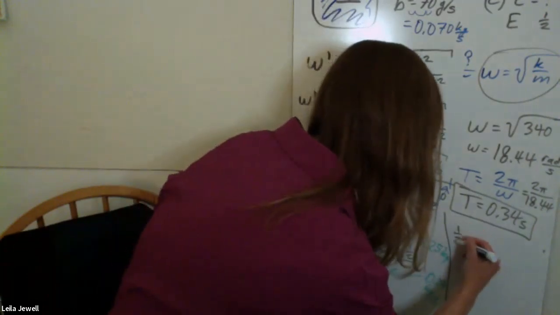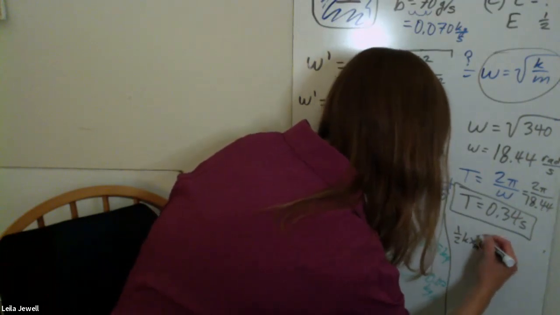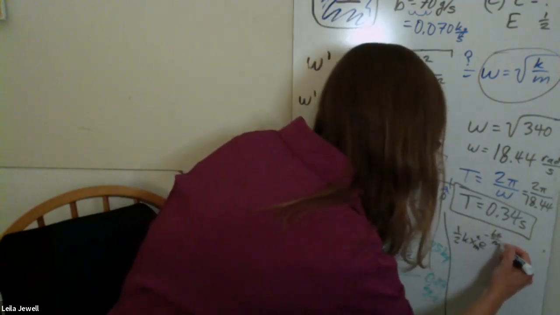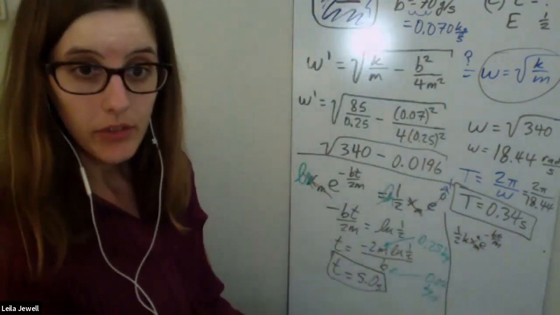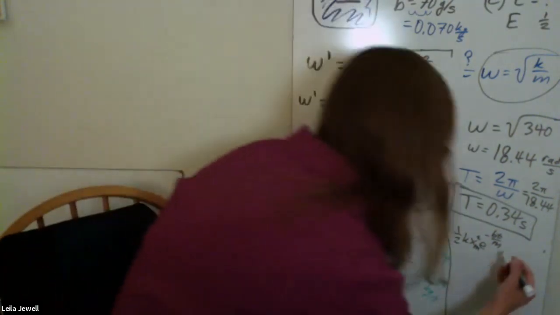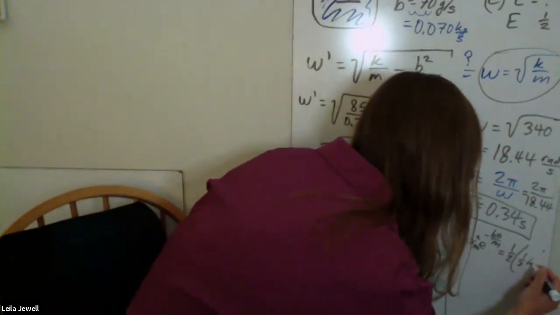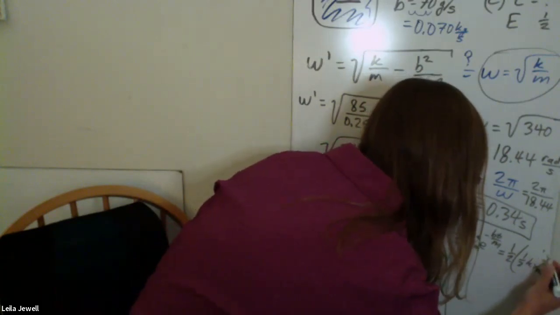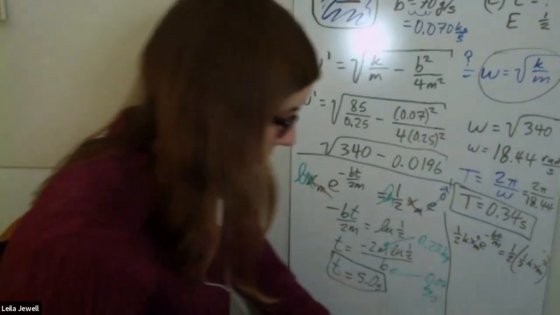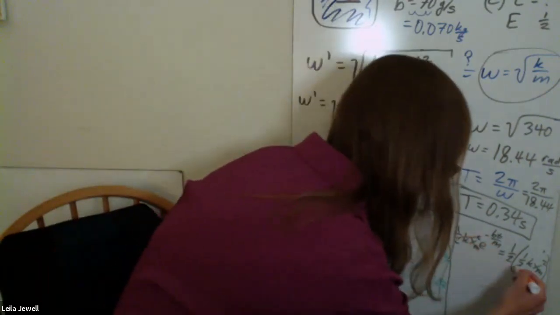So 1/2 kxm squared, e to the negative bt over m, where I've lost the 2 in the denominator of the exponential because that term is squared. And we want this to be equal to 1/2 of the initial value. So 1/2 of 1/2 kxm squared, where the exponential disappears at time equal to 0. So both of these have the same 1/2 kxm squared, so that part doesn't actually even really matter.